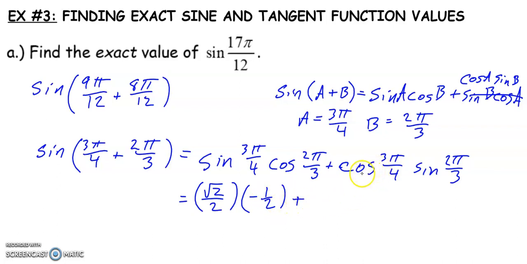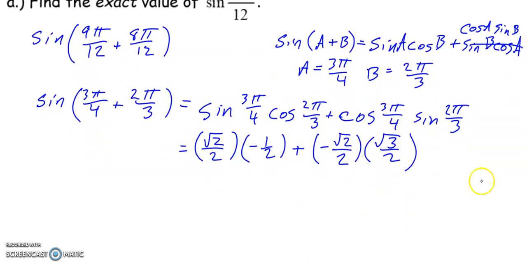Plus the cosine of 3 pi over 4, that's negative because we went to the left, radical 2 over 2 times the sine of 2 pi over 3, which went up, radical 3 over 2.